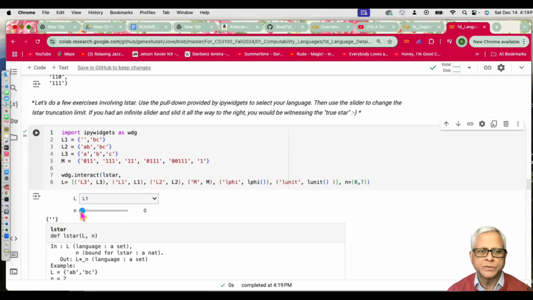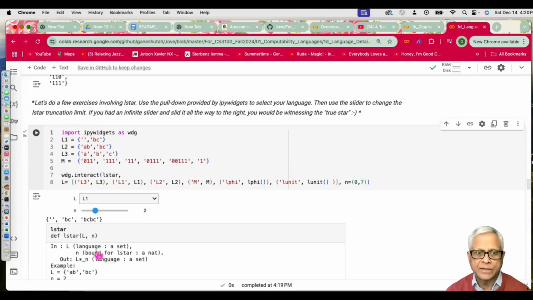The star of L is obtained by doing this repeated concatenation of languages and union. At this point we can exercise the star using widgets again. Let us take a widget-oriented piece of code. Here 3 languages are introduced, and we are going to consider the star of these 3 languages. Let us take L1, which is epsilon followed by BC.